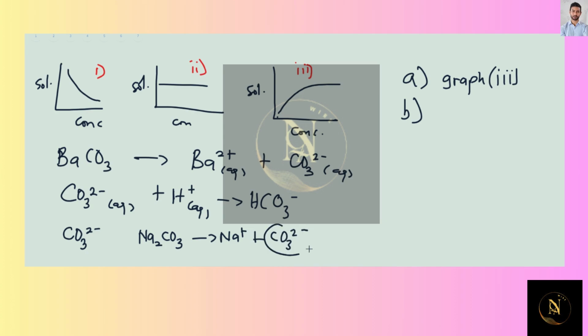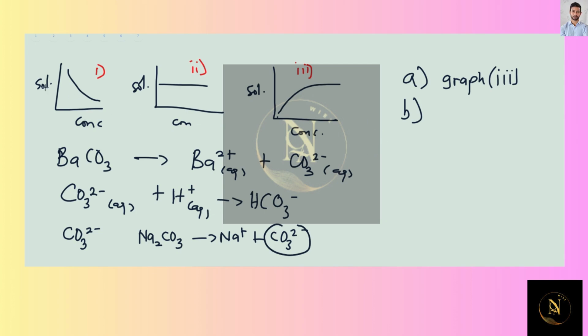The increased concentration of CO3 2- will cause the concentration product of the species in solution to exceed the solubility product of barium carbonate, and that will lead to barium carbonate precipitating out of the solution, causing a decrease in its solubility.